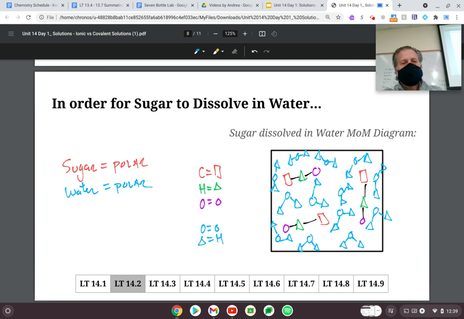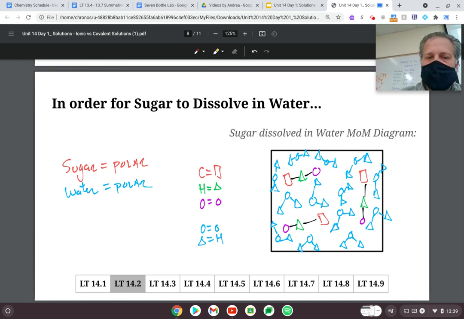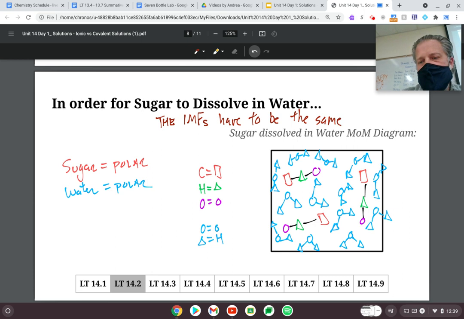So in order for sugar to dissolve in water, the intermolecular forces have to be the same. So this only works because sugar is polar and because water is polar. Okay. If that was not the case, then this would not work.